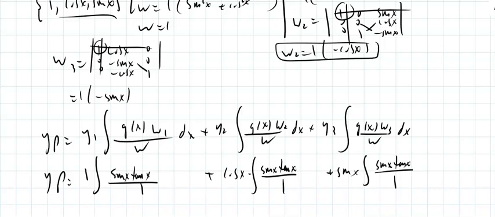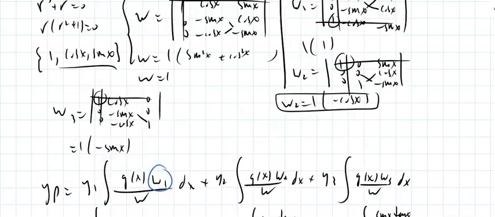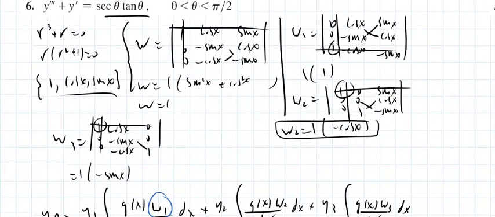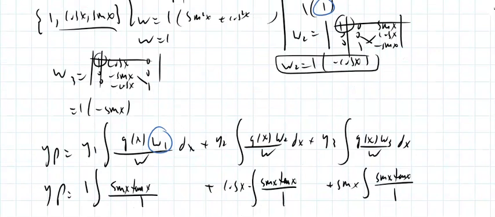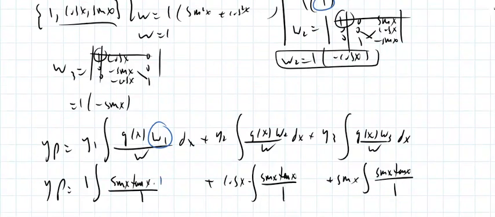Now, w of 1, we got it to be 1. W sub 2, we got it to be negative cosine of x. And w sub 3, we got it to be negative sine of x.